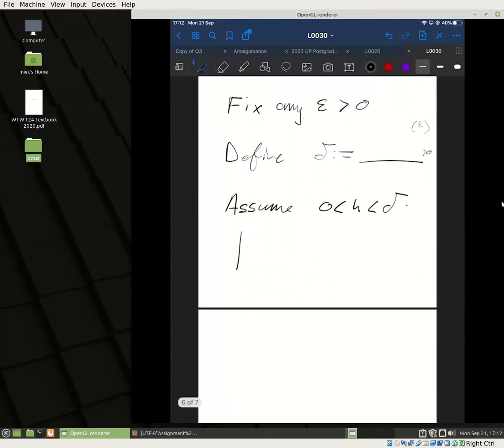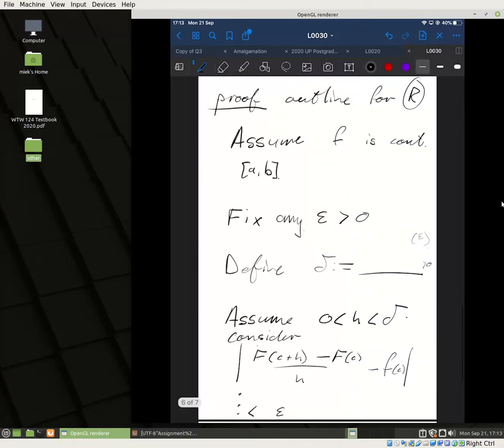So we want to consider F of c plus h minus F of c over h minus little f of c, and here we now want to do some work and finally conclude that this expression is less than epsilon.